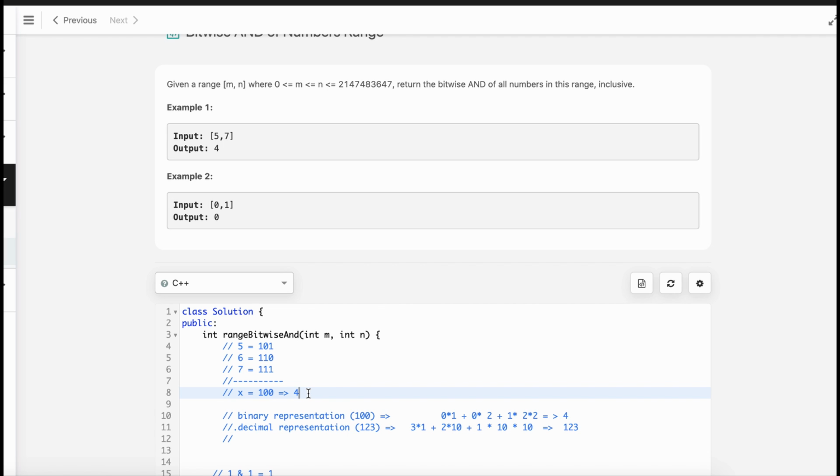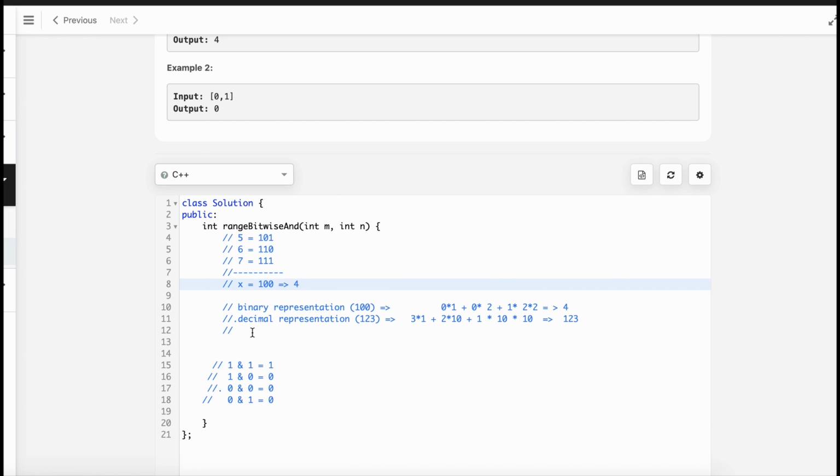Well, now let's analyze a little bit more about binary numbers. There is a very nice property in binary numbers. Suppose we write binary numbers starting from 0 to 8, the first 8 numbers.